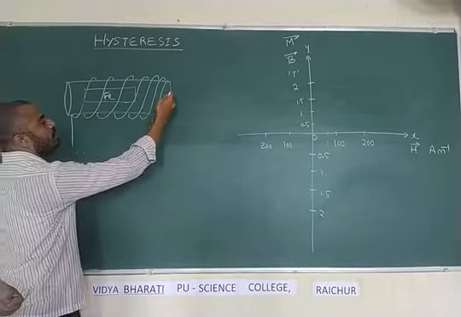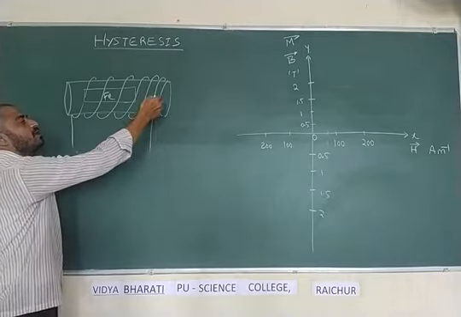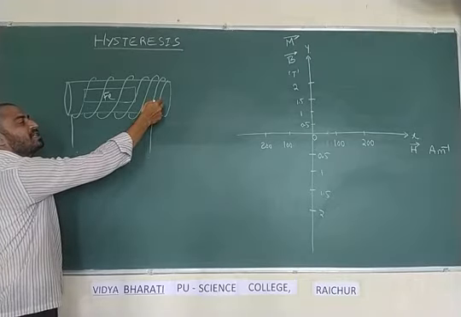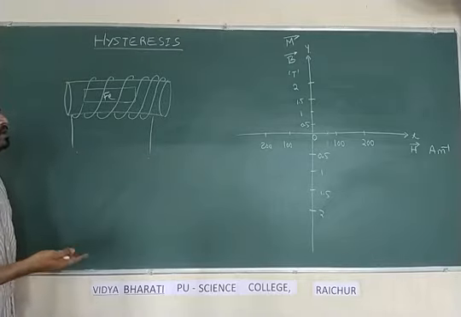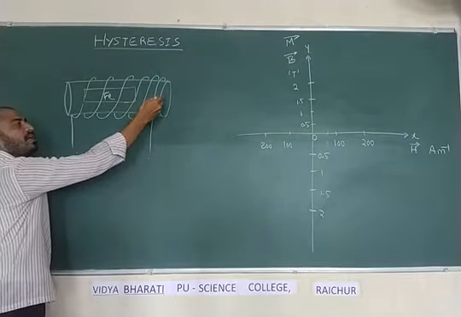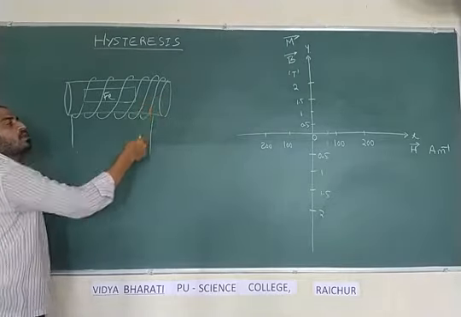To what extent is the magnetizing field present inside the solenoid? How intense is the established field which can magnetize this iron? Its intensity is given in terms of ampere per meter.